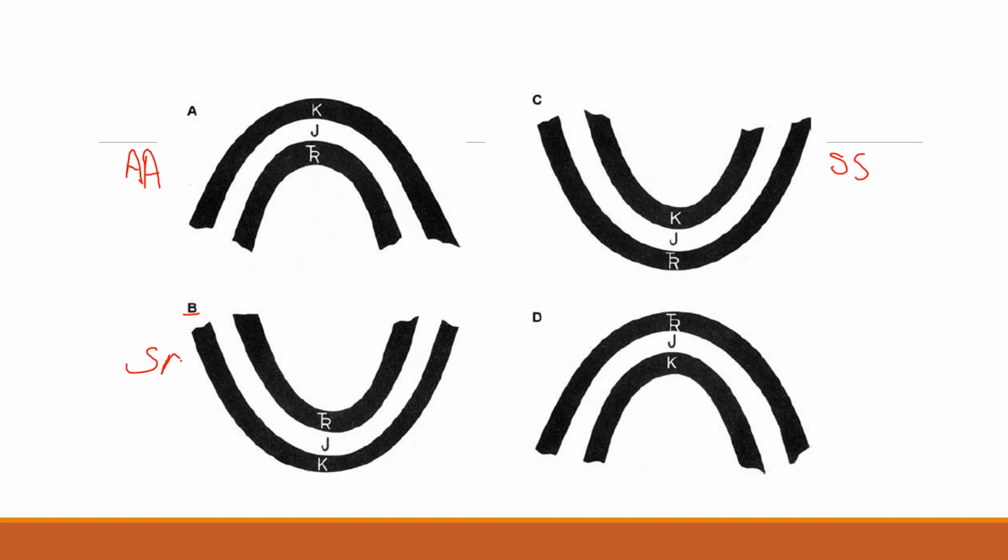So it's a synformal anticline. This one is in an antiform shape, but we're bending around the young stuff. So that's an antiformal syncline. All right, so that can be confusing. Again, this is a little bit more than you need to know, but I like to point this stuff out.